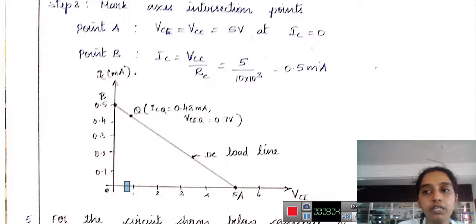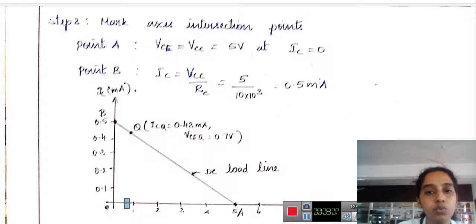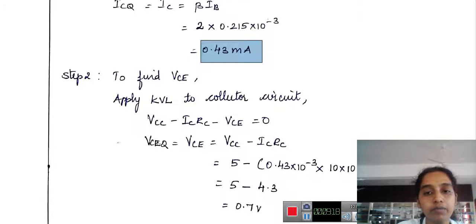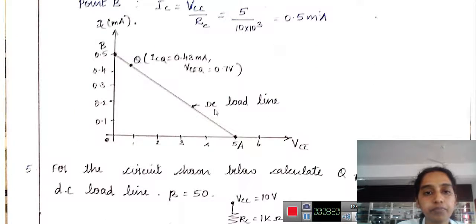Now we need to know ICQ. The value of IC or ICQ comes around 0.43 milliamp, which nearly takes this point. If you join the 0.7 volt and 0.43 milliamp, it comes nearly to this place, and this point is marked as the Q point or the operating point.